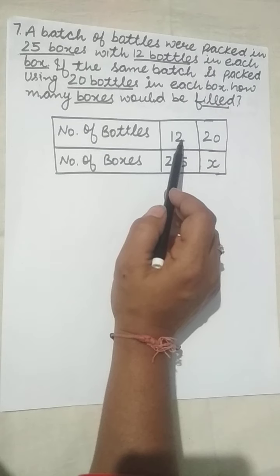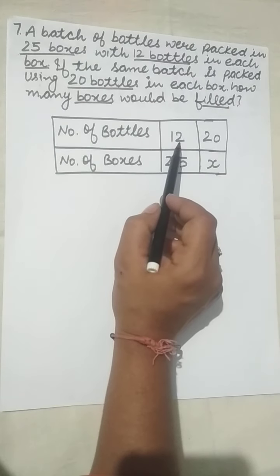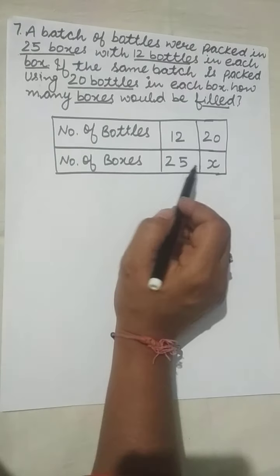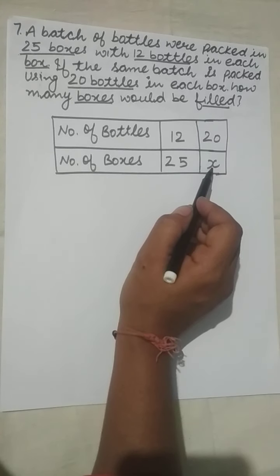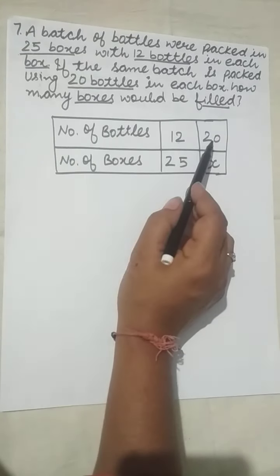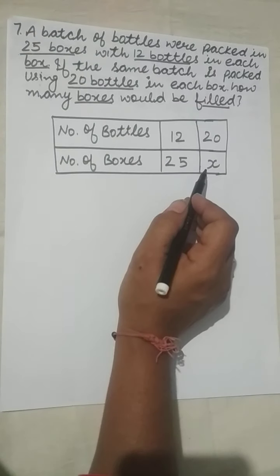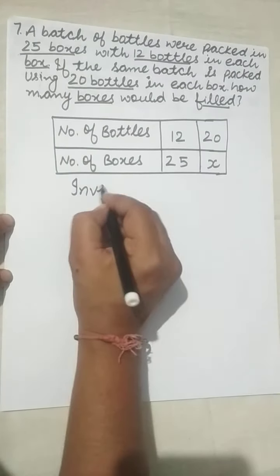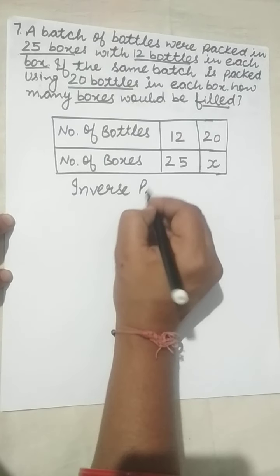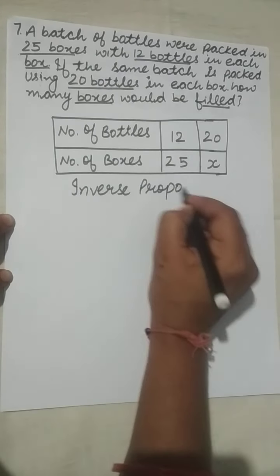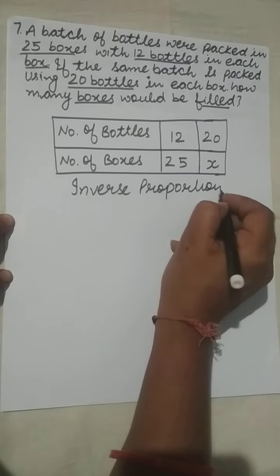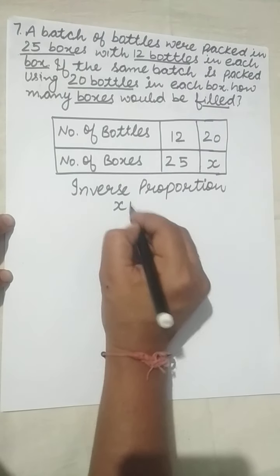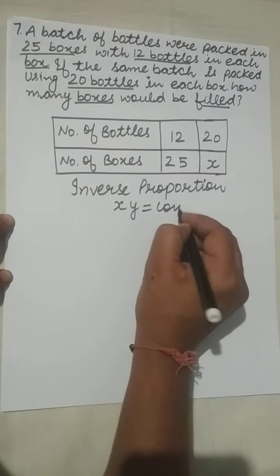As we are putting 20 bottles instead of 12, ultimately the number of boxes required will decrease. As the number of bottles in a box increases, the number of boxes will decrease. So this is inverse proportion. So xy must be equal to a constant.